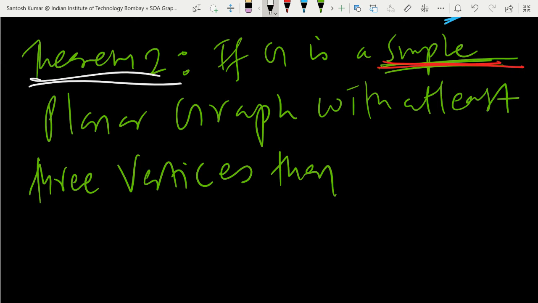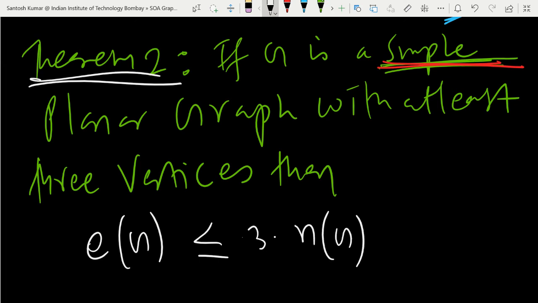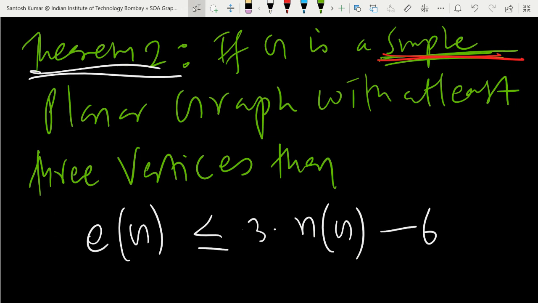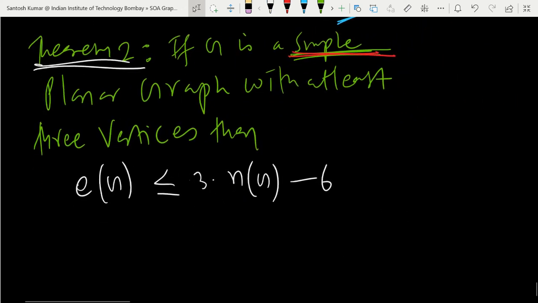So if G is a simple planar graph with at least 3 vertices, then there is a relation actually. E, the number of edges in the graph, is going to be less than or equal to 3 times the number of vertices minus 6. This is one result.